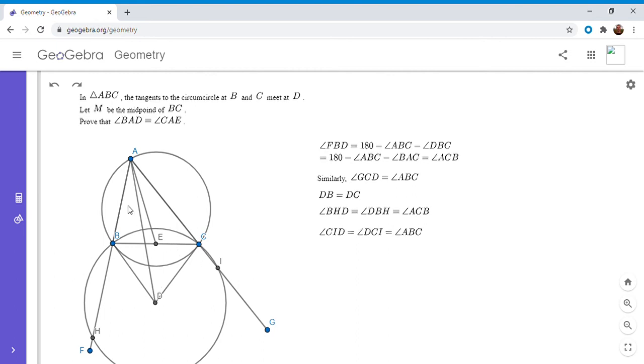So each of these two angles, angle BHD and angle CID, are basically equal to the opposite angle in triangle ABC. So BHD is equal to ACB, and CID is equal to ABC. And if you look very closely, I claim that means that triangle AHI has to be similar to triangle ABC, and H, D, and I have to be collinear.